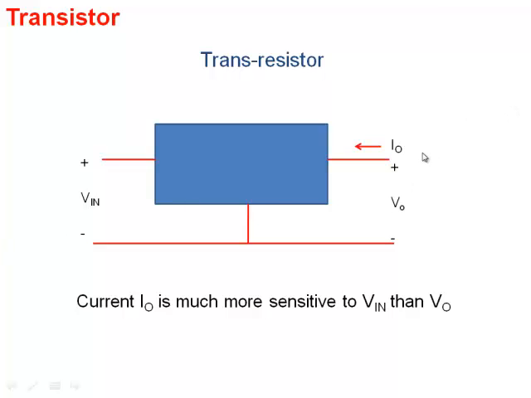The output current I0 is much more sensitive to the input voltage Vin as compared to its sensitivity to V0. I0 is sensitive to Vin and insensitive to V0. That's the central feature you have to keep in mind.